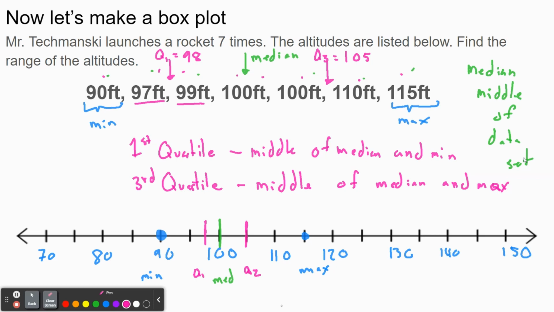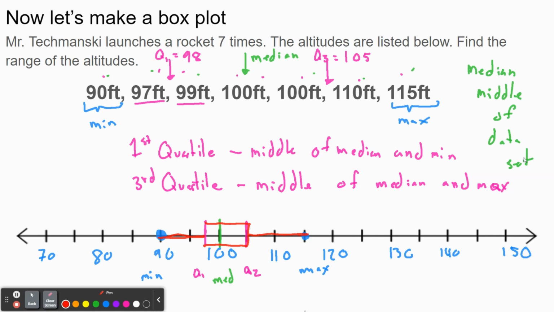Okay. The last part of this is just actually making things and connecting them. With your quartiles and medians, you're basically just going to make a couple boxes. They look like this. And at the end of each of your boxes, you're going to draw a line that goes out to your minimum and maximum. And that's all you got to do.